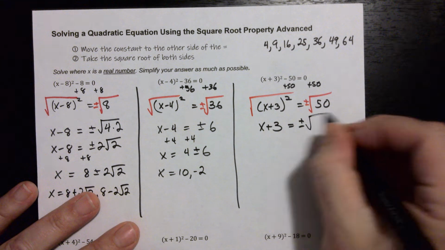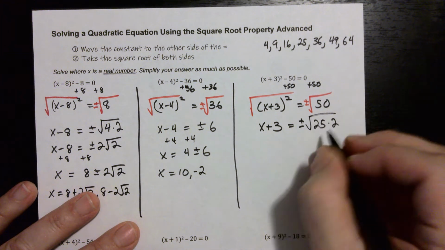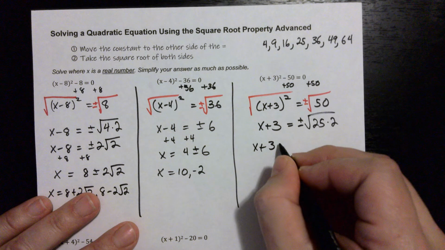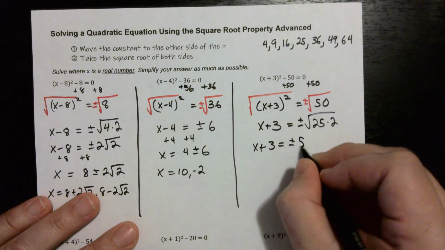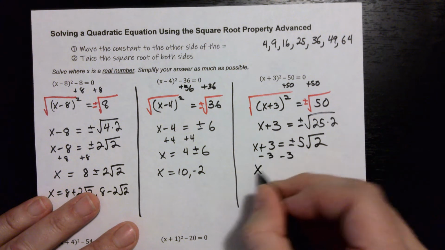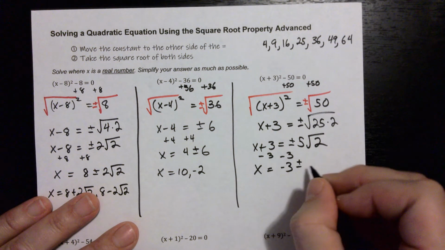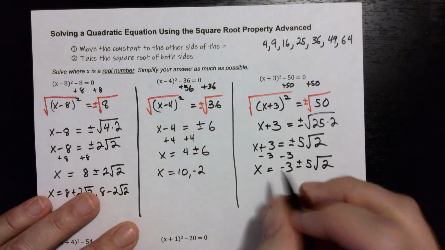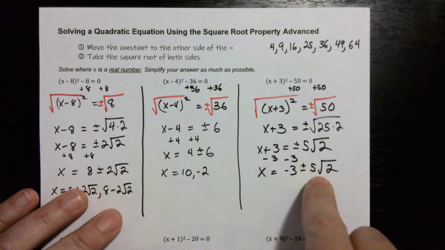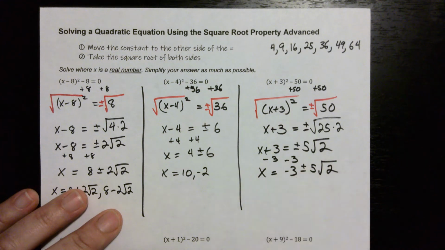So this becomes square root of 25 times 2. We can square root that 25 and bring it out. It becomes a 5. So x plus 3 is equal to plus or minus 5 root 2. Subtract the 3. X is equal to negative 3 plus or minus 5 root 2. That's your solution. So it would be negative 3 plus 5 root 2 and negative 3 minus 5 root 2.